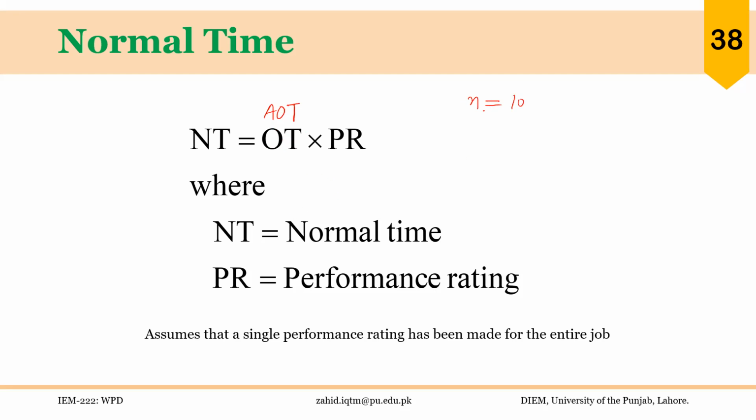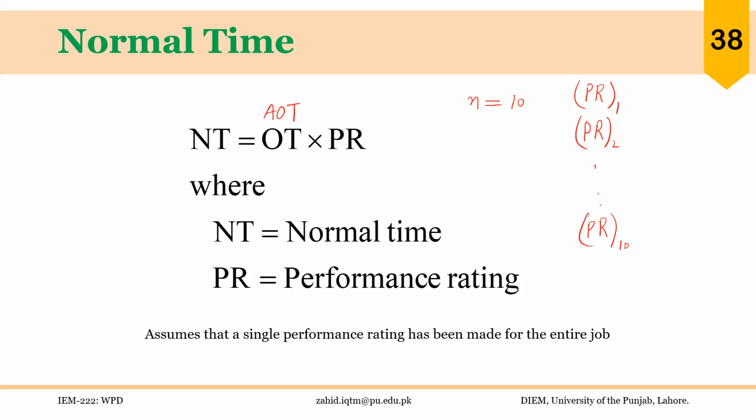Now, if for each of these 10 cycles you assign a different rating, performance rating 1 for the first element and performance rating 2 for the second element and so on up to the 10th element, then you have to take the average of the ratings as well. So you will have to multiply average observed time with average performance rating to find the normal time.